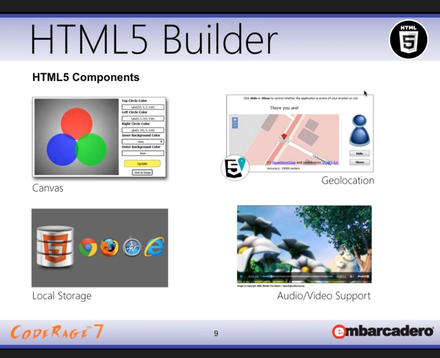Now, local storage is something that you actually access in code, and it's really simple to get started with that. We have some samples that you can access with HTML5 Builder specifically for local storage, which is something I wanted to mention in general. HTML5 Builder includes hundreds of different samples. They're installed in your user folder. So whether you have the full version, you bought the product, or you're using the trial, I really encourage you to look at the samples since they're a really good starting point.